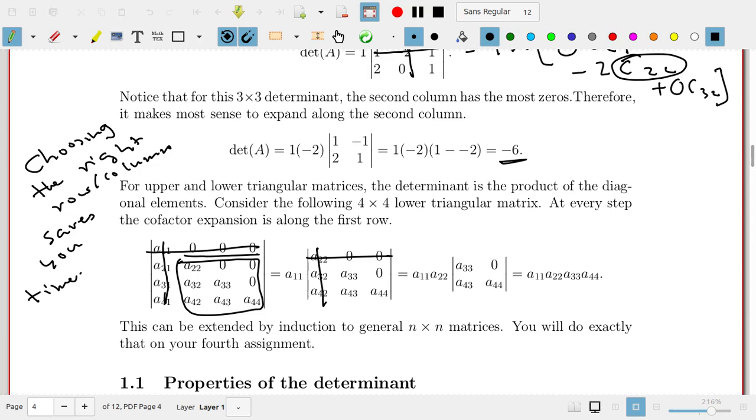So you know how to do this: A11, A22, A33, A44. In the assignment, you're supposed to prove that for an n by n triangular matrix, upper or lower, the determinant is given by A11 A22 all the way to ANN, the product of the diagonal elements.